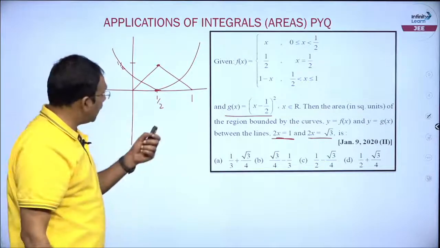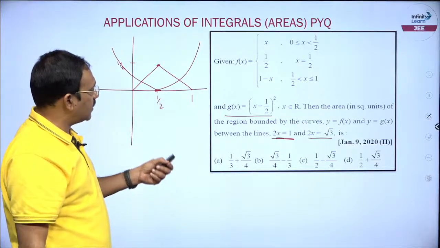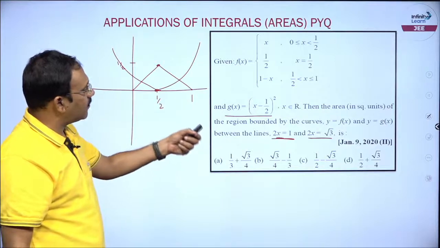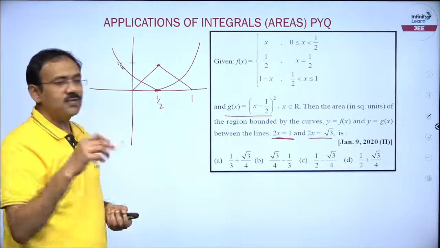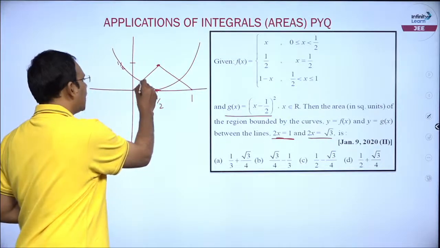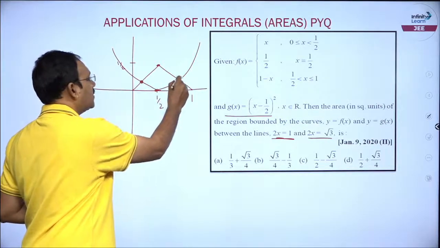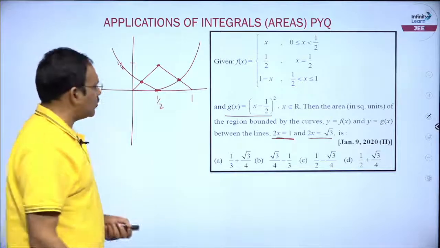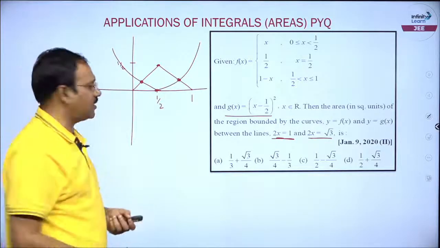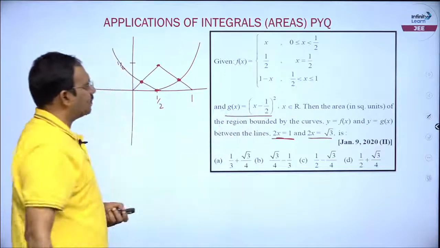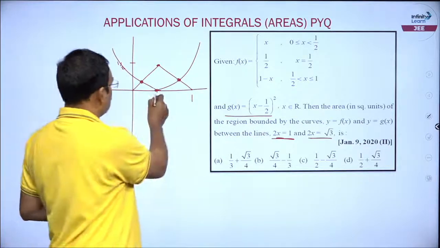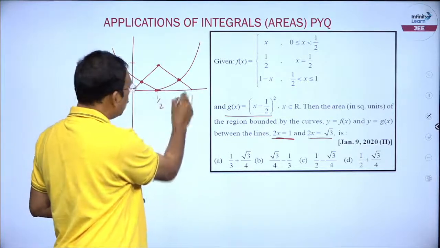Okay. Then next, friends, he is asking the area of the region bounded by these two curves between the lines x is 1 by 2, x is root 3 by 2. You just see the points, friends, where they intersect. That means what you need to do is, you just solve this line, which is x minus, but anyhow I want x from 1 by 2 to root 3 by 2.